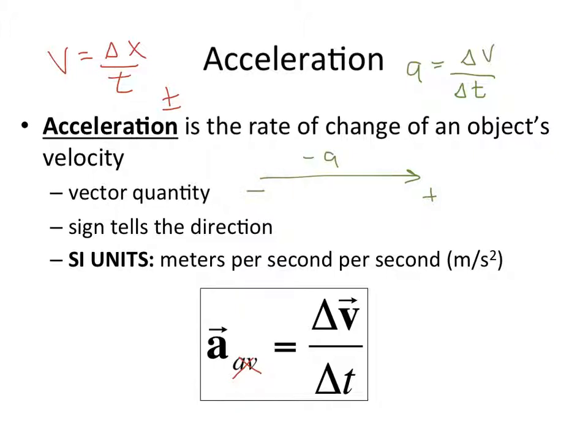So let's look at this equation for a second right here, and we will identify the units that we use for acceleration. Acceleration is a change in velocity over a change in time. All right, well, velocity is in meters per second, right? That's our standard unit of measurement for velocity.